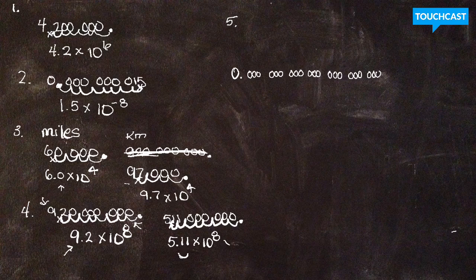Let's see, 1, 2, 3, 4, 5, 6, 7 packets of 3. And then 0, 0, 1, 6, 7, 3. So here we have a really small number, and we need to change it to scientific notation.